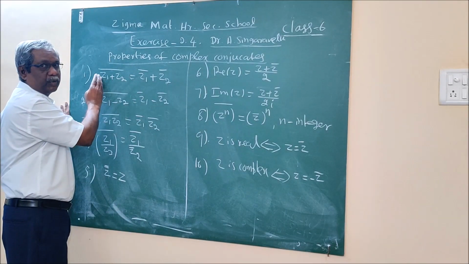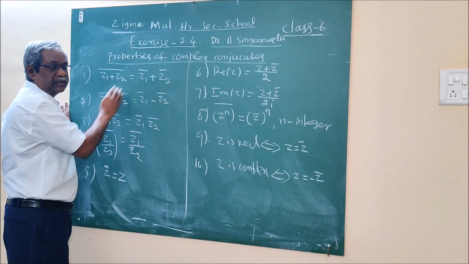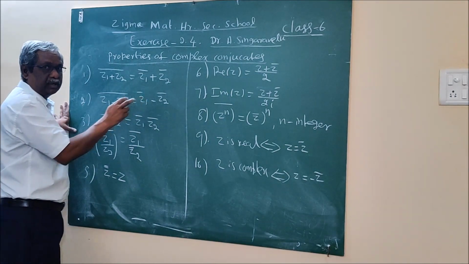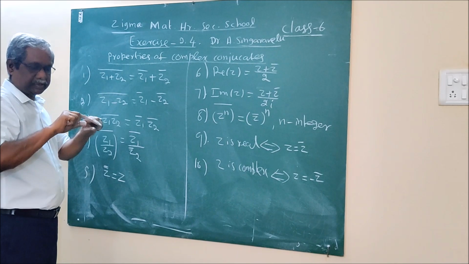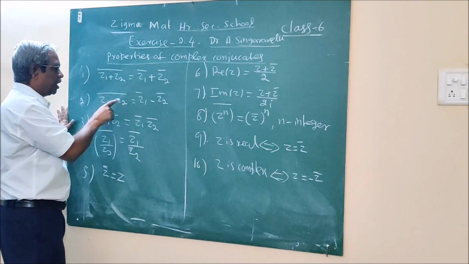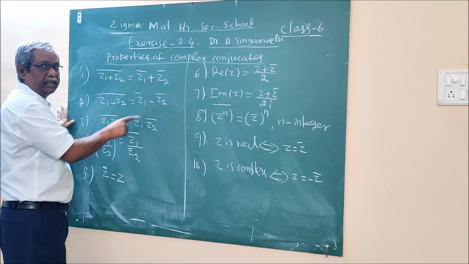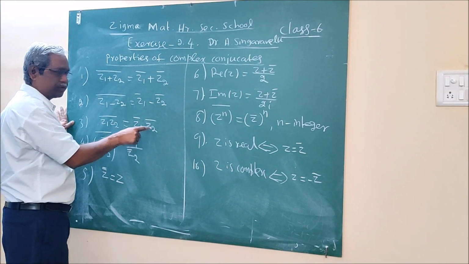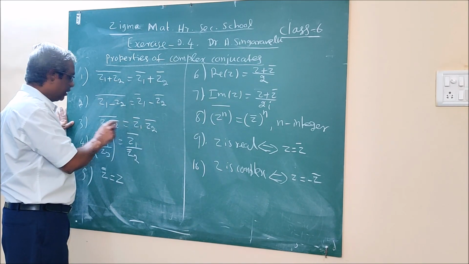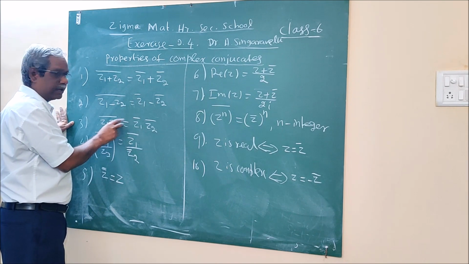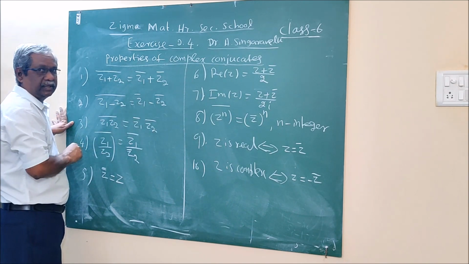Find them separately. Similarly for subtraction, Z1 minus Z2 whole bar is equal to Z1 bar minus Z2 bar. For the product, Z1 Z2 whole bar is equal to Z1 bar times Z2 bar. You find the conjugate of Z1, the conjugate of Z2, and multiply. That is equal to this.